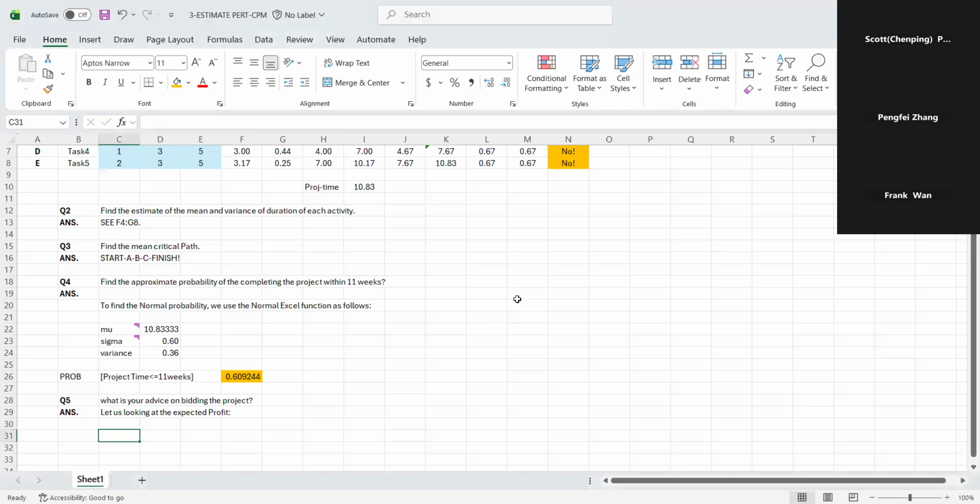So, what is your advice on bidding the project for the company? Let's look at the expected profit first. Of course, there are many other important factors, but let's calculate the expected profit. Let's look at the probability of meeting the schedule.